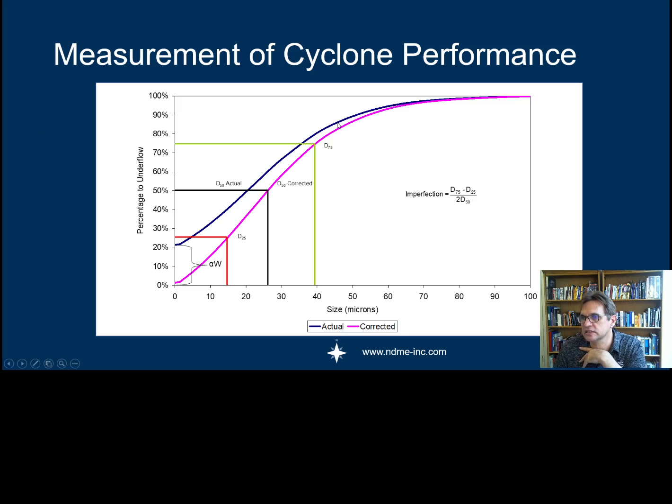Having said that, this is the actual probability distribution curve. Often what vendors do is they would quote the sharpness of separation and the D50 on the ideal separation, or corrected, where they actually take this short circuiting to the underflow out.